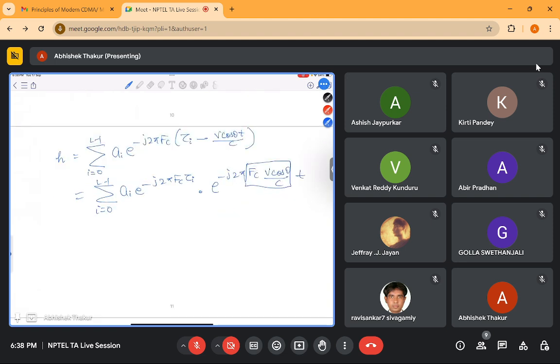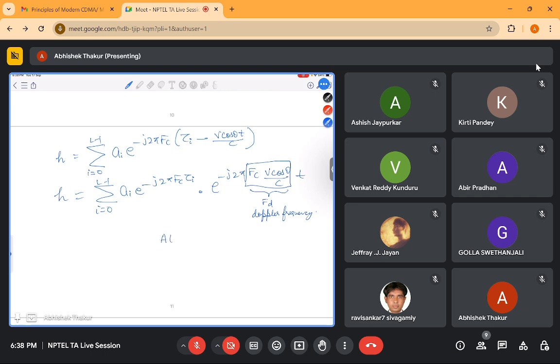Now this term we can write as fd. So that is the Doppler frequency. Therefore, the channel coefficient h is now time varying.